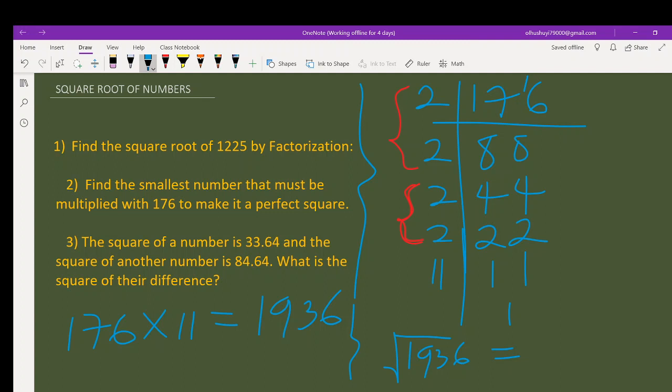What do you have? You have 44. So obviously, the number that must be multiplied with 176 to make it a perfect square is 11.